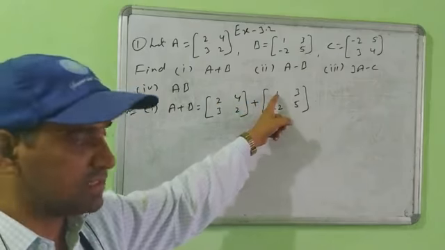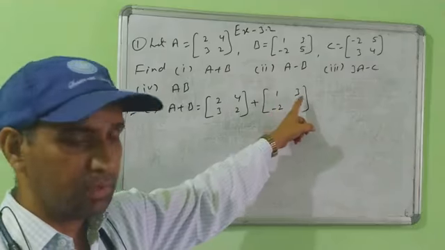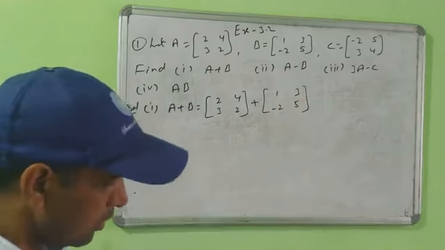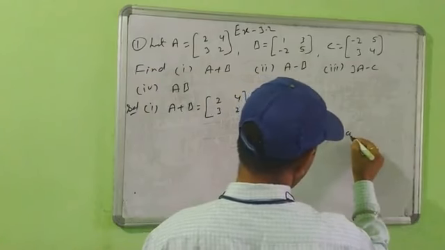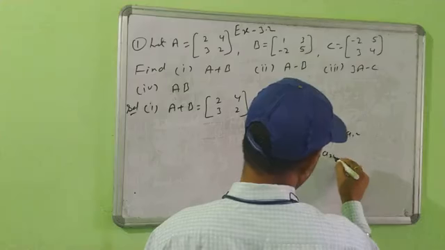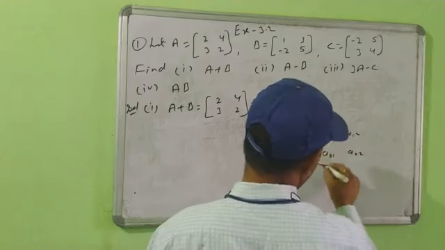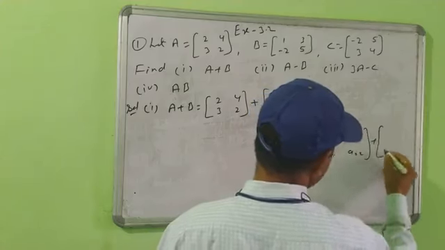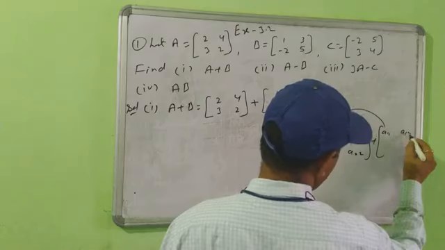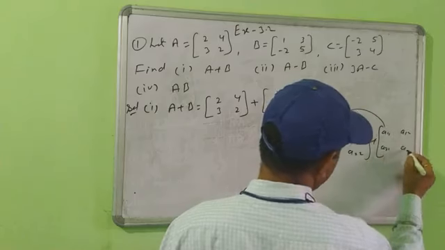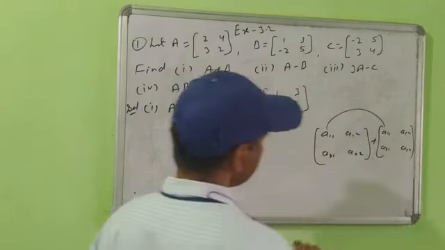A11 is added to A11, A12 to A12, and so on: A11, A12, A21, A22. This will always be the addition. The corresponding elements will be added.